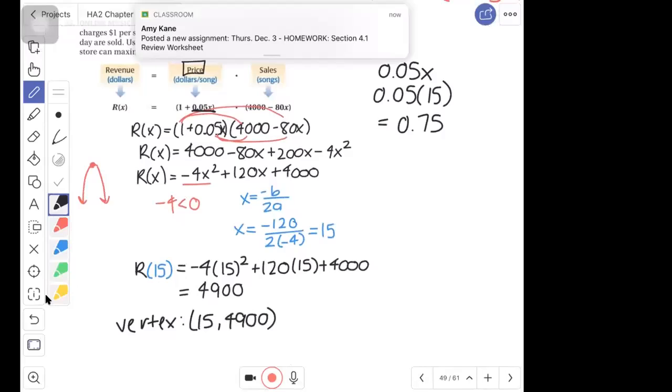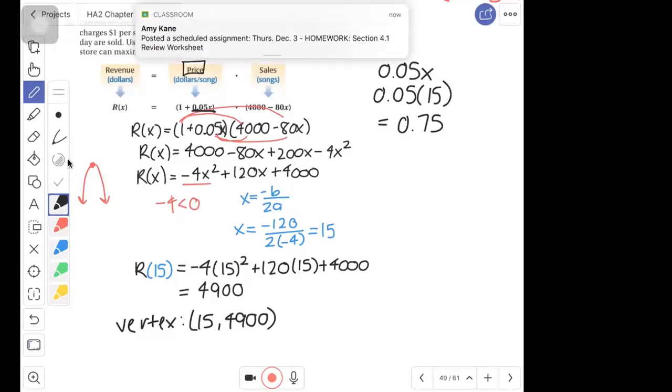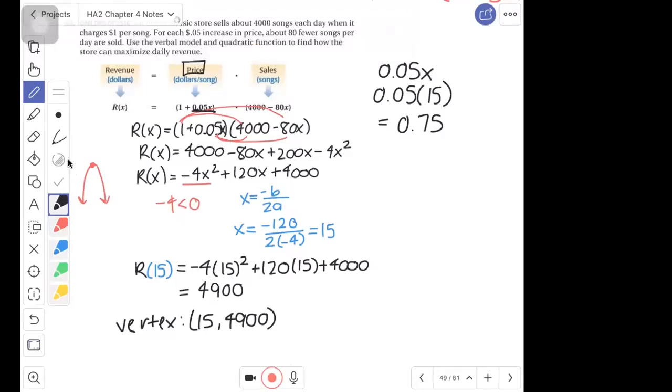Valerio, what do you think this means? So what does finding that 0.75 mean? It means that when you increase the price 75 cents, you'll have the maximum revenue at 4,900. Exactly.